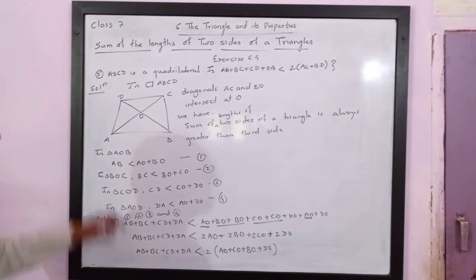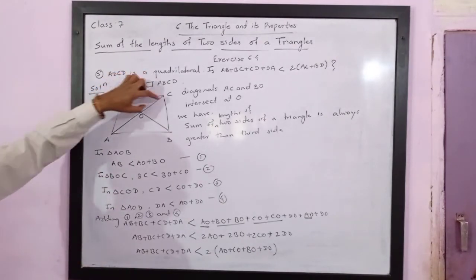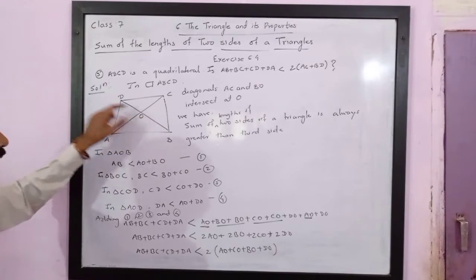Now look at the figure. AO plus CO is nothing but AC and BO plus DO is nothing but BD.